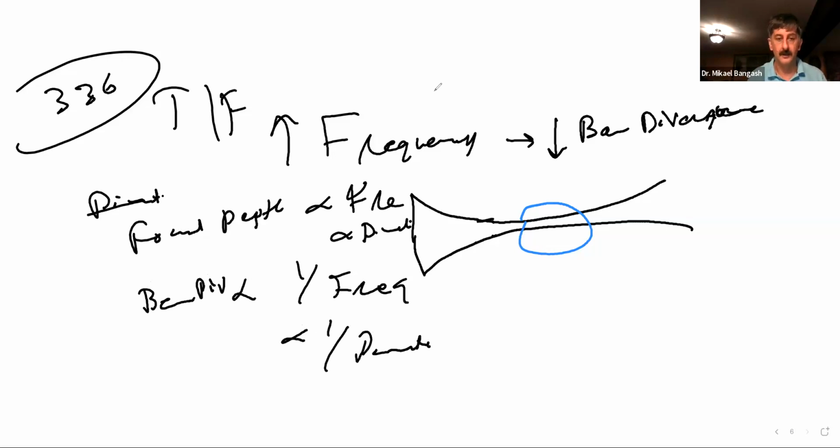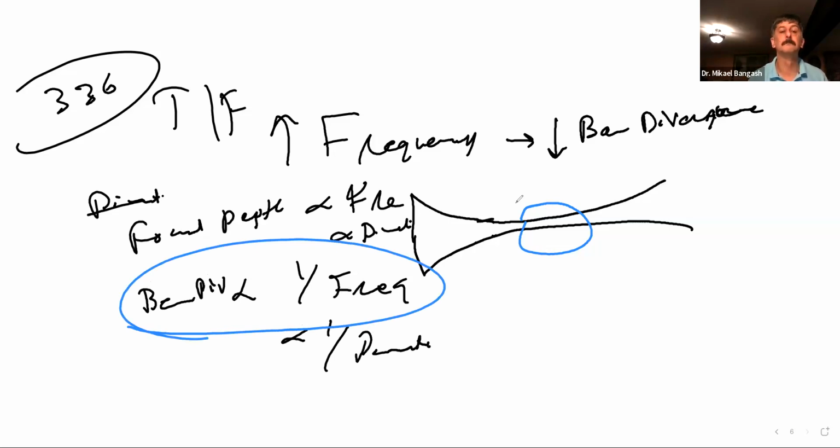So there is this relationship that they are asking about. A higher frequency will cause lesser divergence of the beam in the far zone because they are inversely proportional.